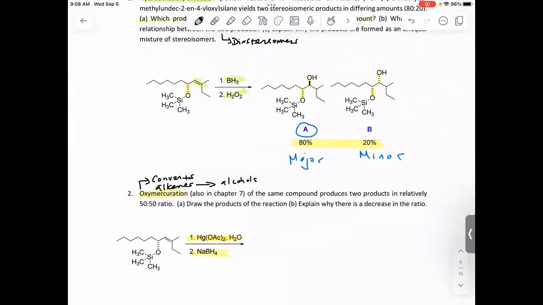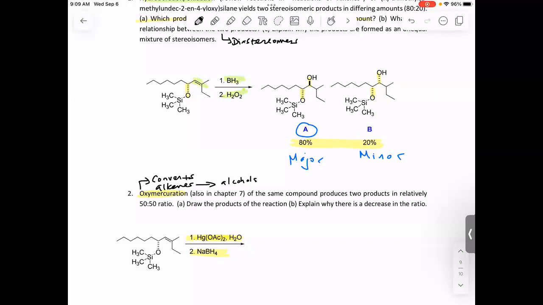So first of all, I know I asked that you would look this up over the weekend. I know it was a holiday, barbecue, and cold, whatever. But did anybody happen to look up the oxymercuration reaction? Can somebody tell me what the difference is between that reaction and the reaction up top?